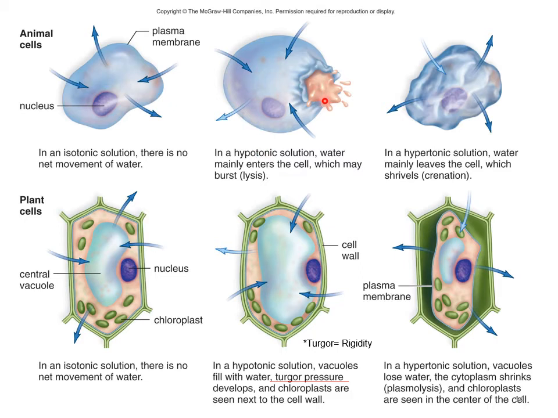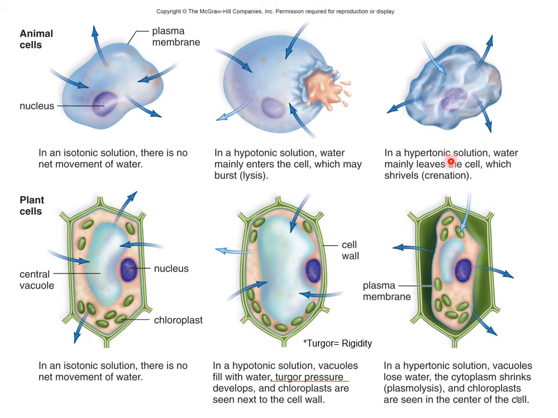Plant cells don't do that. They won't burst no matter how much water they're taking in because they have the central vacuole to help store that water and help expand the cell safely. It creates what we call turgor pressure, basically meaning it allows the cell to get rigid rather than exploding. And then in the cases of hypertonic solutions where it's losing water, the animal cell will shrivel up.